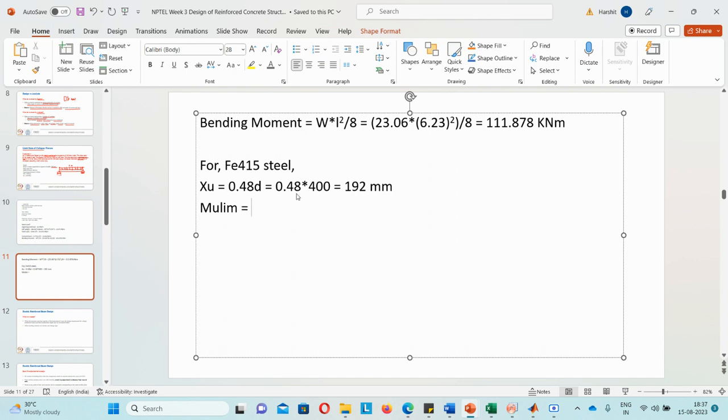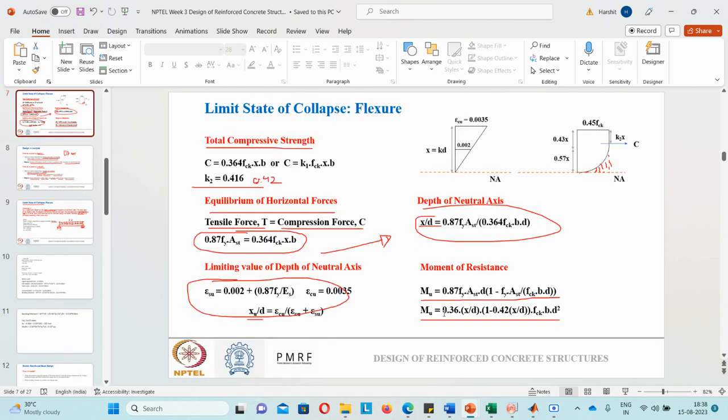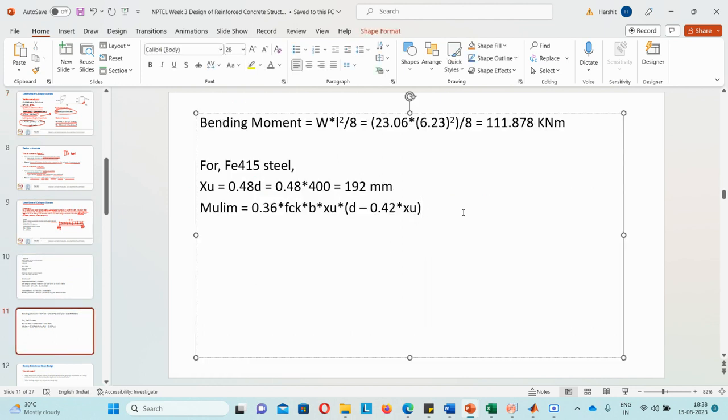Okay. So what will be Mu limiting then? It will be nothing but 0.36 times fck times b times xu times d minus 0.42 xu. This relationship also we saw initially. Here d I have multiplied, so it is cancelling out. So the relationship comes like this.